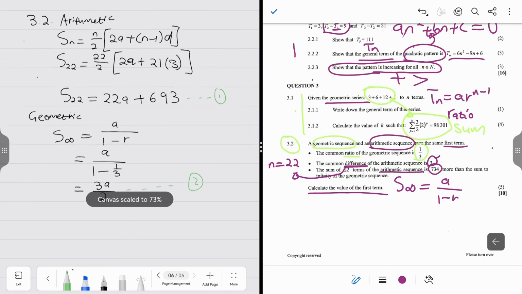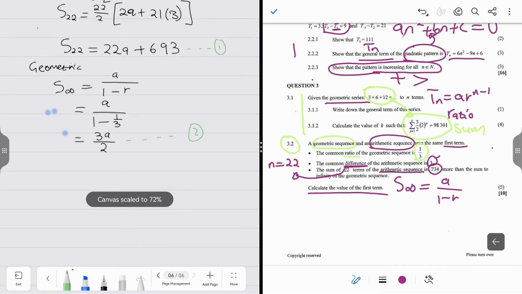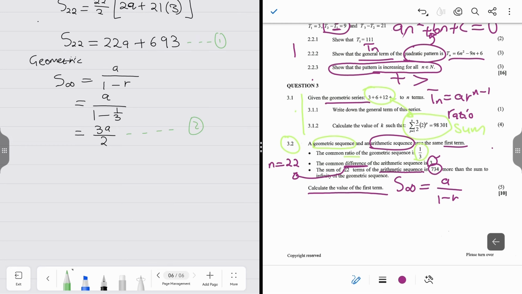going forward. Okay, so now when I have that, remember that we were told that these two have a relationship somehow. So let's read that relationship. We're told that S22, the sum of 22 terms of the arithmetic sequence is, so that means it's equals to 734 more than, meaning plus, right? 734 more than.